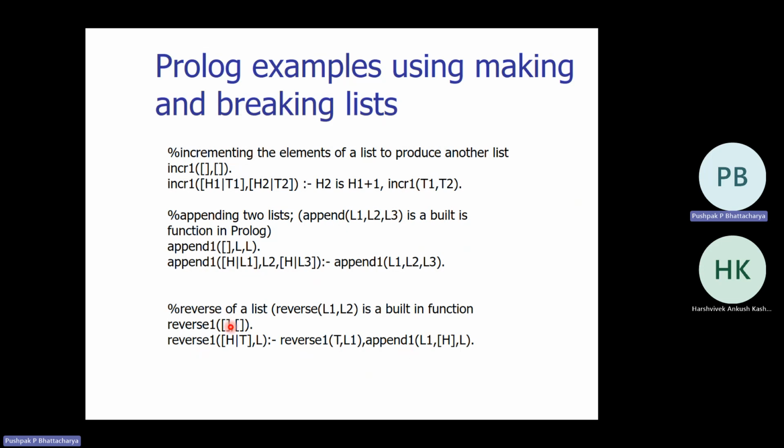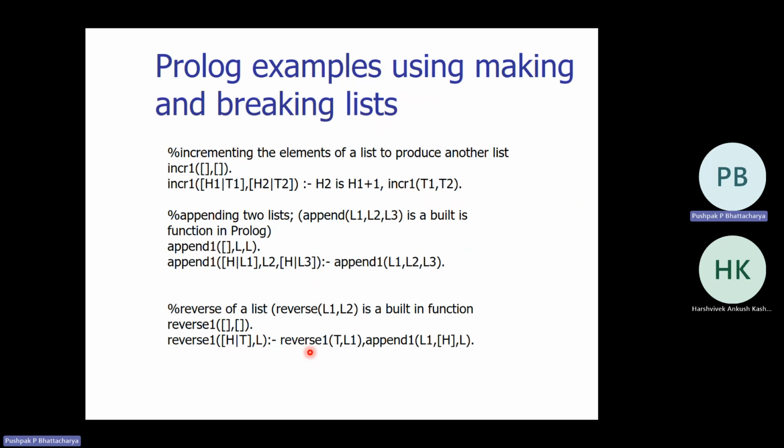Reversing a list. Reversing of the empty list is the empty list. And then for reverse, you take the input list, break it into two parts, H and T, and take L, which will keep the result.